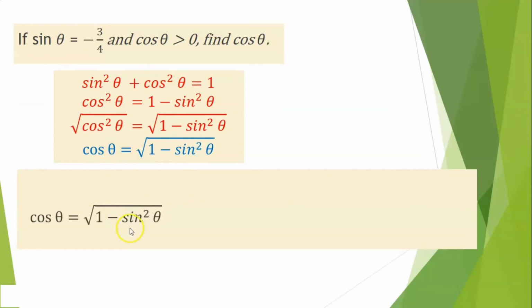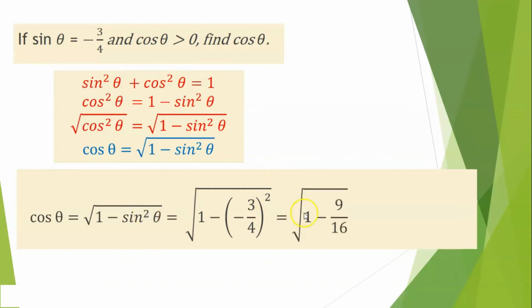Since our sine is given as negative 3 over 4, we will simply replace that. So 1 minus negative 3 over 4, and since it's squared, it's raised to the power of 2. So simplifying, we will have 9 over 16. And simplifying further, 16 minus 9, we will have square root of 7, and square root of 16 is 4. So meaning, if sine theta is negative 3 over 4, cosine theta would be square root of 7 over 4.